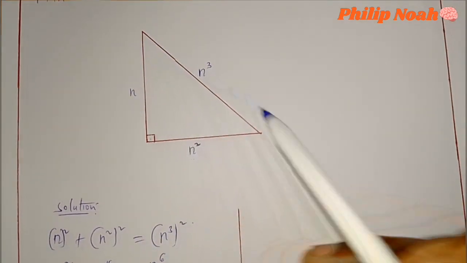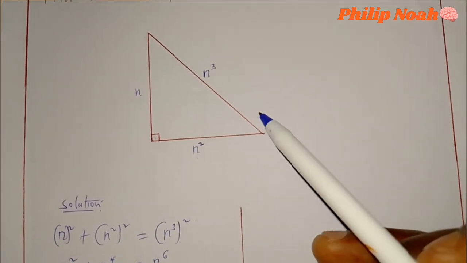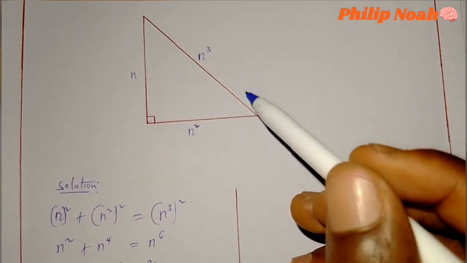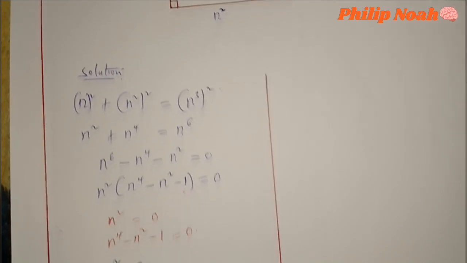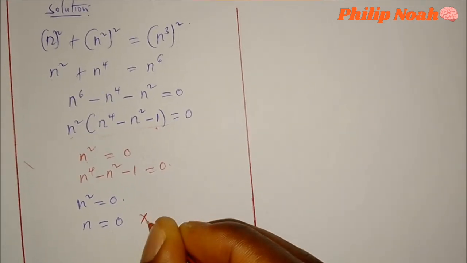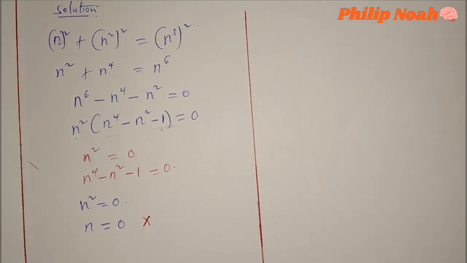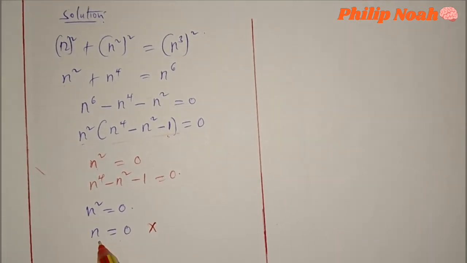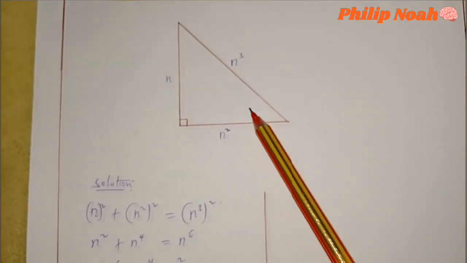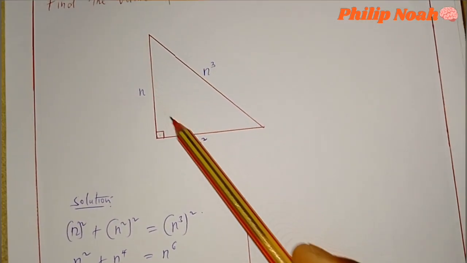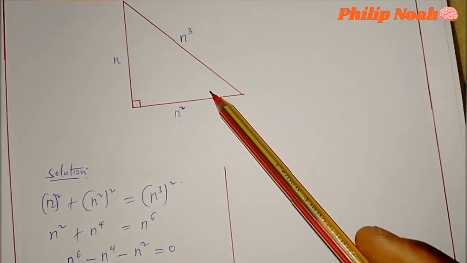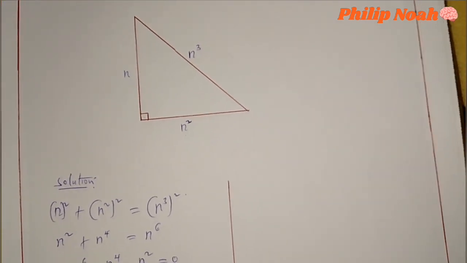The distance from this point to this point is 0, since 0 cubed is 0. So we ignore this solution, since if you take n to be equal to 0, it means that we are reducing this right angle triangle into a point. It means zero distance.